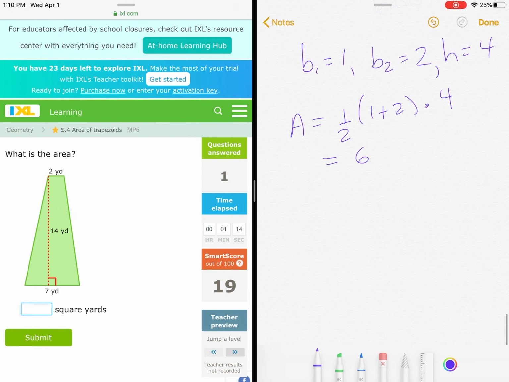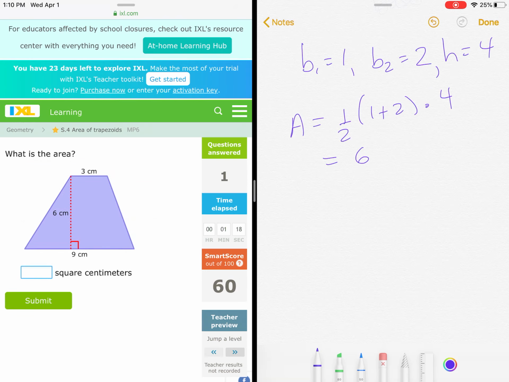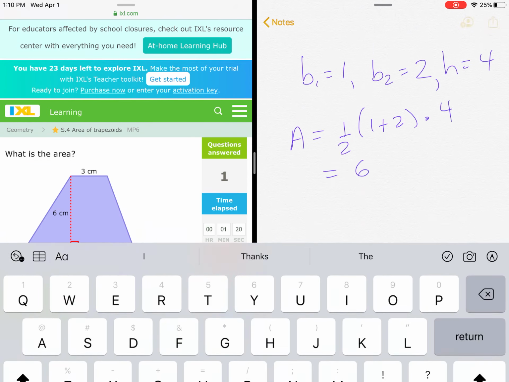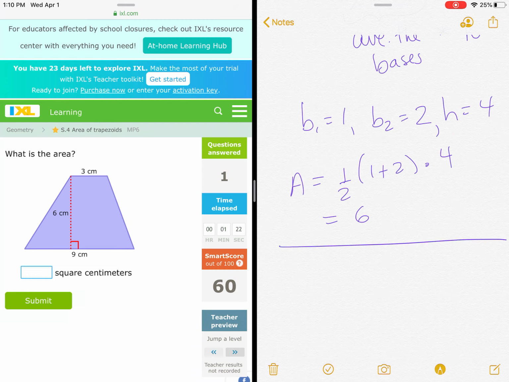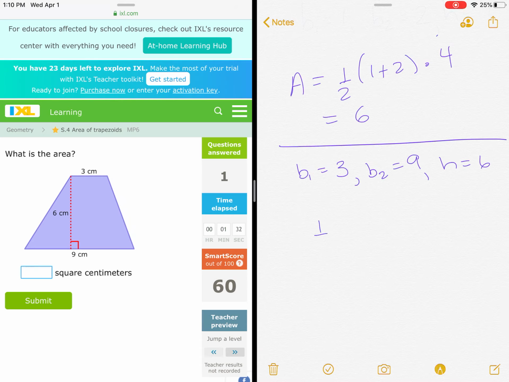Let's see if there's anything crazy happening in these. No, so they all work the same. So I'll work another one. I'll work this one. So base 1 is 3, base 2 is 9, the height is 6. So 1/2 3 plus 9 times 6. So that's 12. Half of 12 is 6. 6 times 6 is 36.